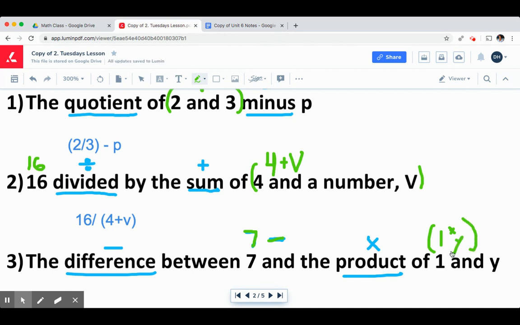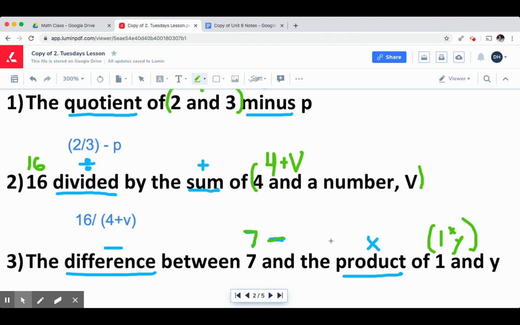Here, I need to show order by using parentheses. The way I can do that is by putting parentheses around 1 times y. I need to multiply 1 and y first before I'll be able to subtract it from 7.